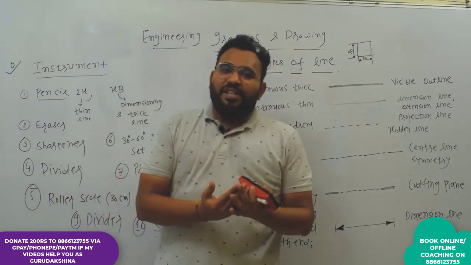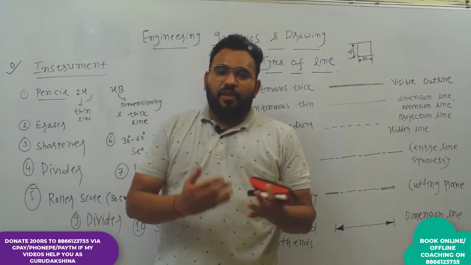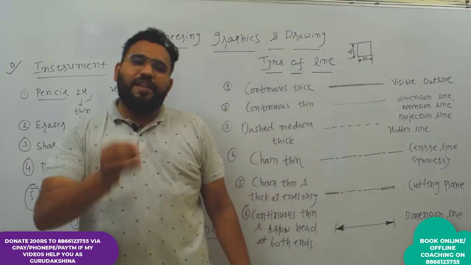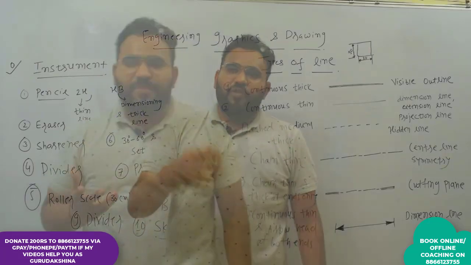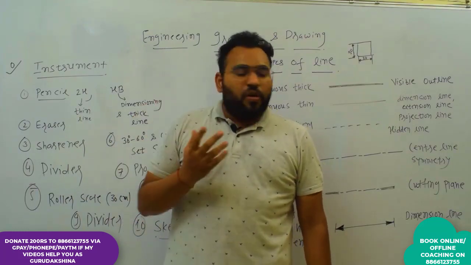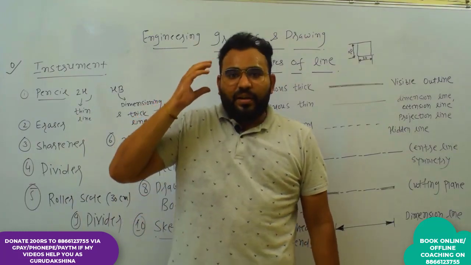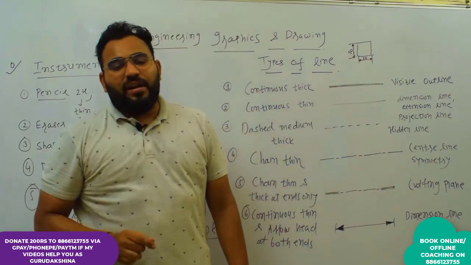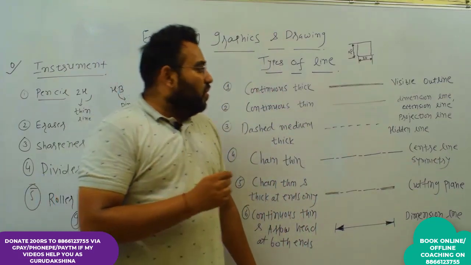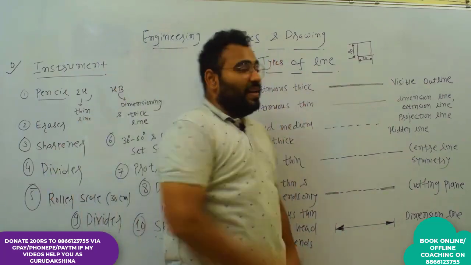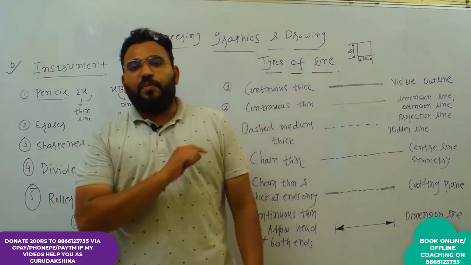Whether you are a computer engineer, IT, mechanical or civil engineer, it is very necessary. Even in a soft field, if you have some idea in your mind and want to put it into words, you require the knowledge of how to draw that idea on a paper sheet in engineering terminology.